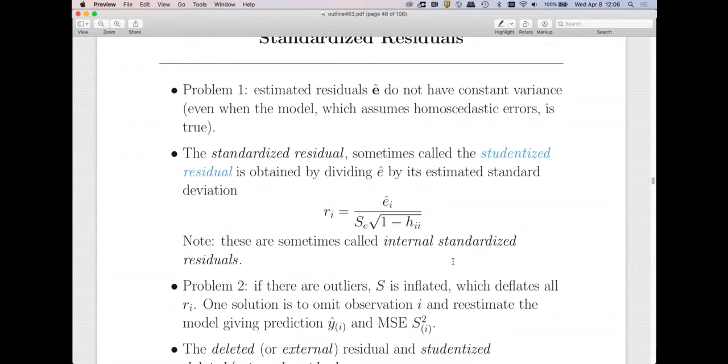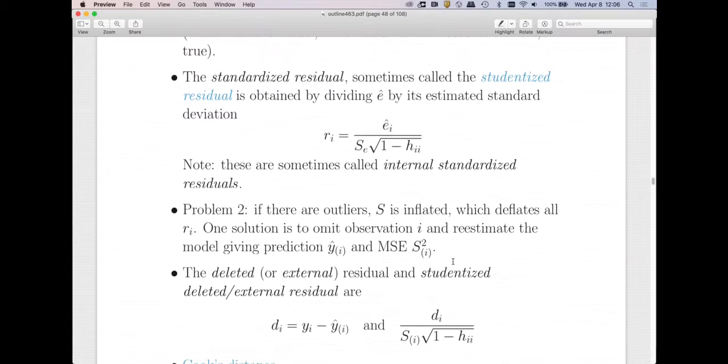Now there's another problem: if there are outliers, our estimate of the standard error gets inflated, and this deflates all of our residuals. So we do something that hints at a very important technique that we're going to have coming up soon, which is to try estimating the model without that observation.